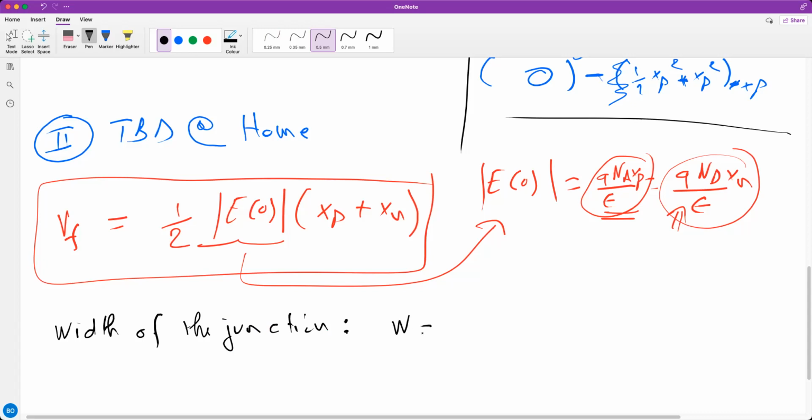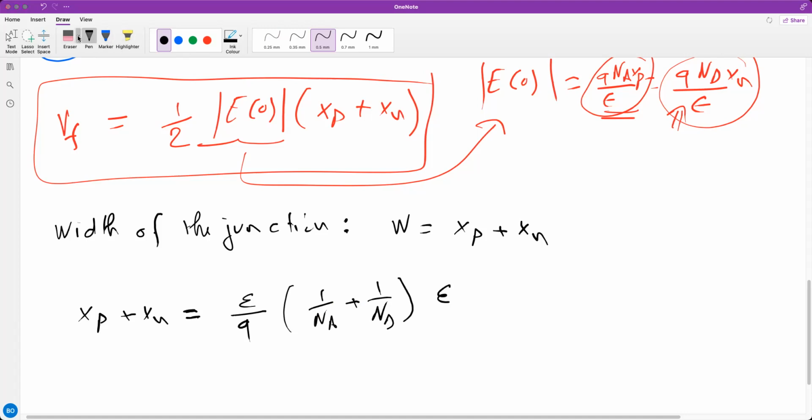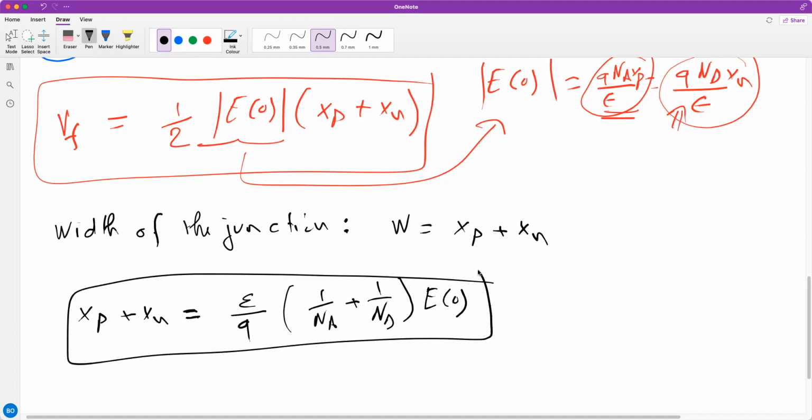So the width of the junction is xp plus xn, which you can prove is equal to epsilon over q times (1 over NA plus 1 over ND) times E0. Okay, this is the width of the junction.